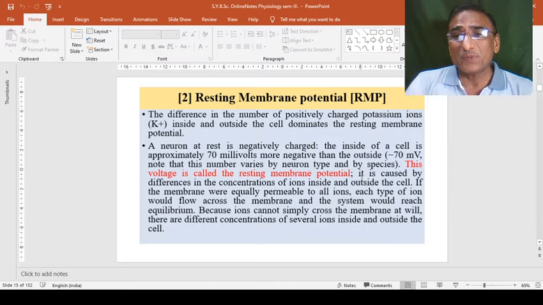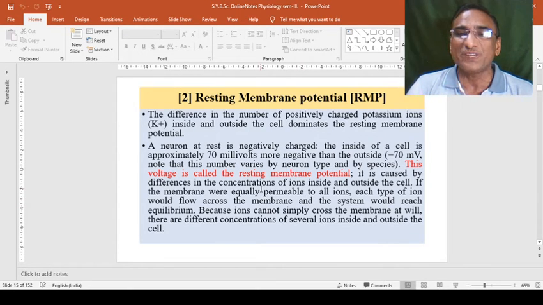The resting membrane potential is generally caused by differences in the concentrations of ions inside or outside of the cells. Generally it maintains the equilibrium, and this also depends on the permeability of the ions: whether ions are permeable or not, whether ions are free or conjugated with something else.